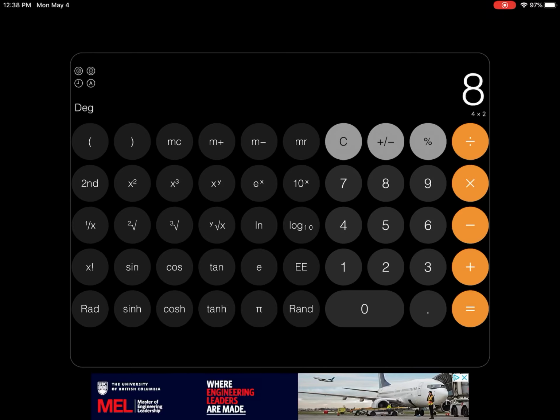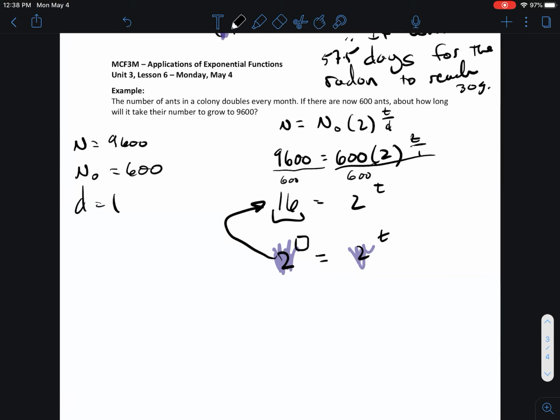So let's just take a look here. How many times do I have to multiply 2 by itself in order to get 16 is the question. 2 times 2 is 4, times 2 is 8, times 2 is 16. So it's 4 times. So 2 to the power of 4 is equal to 16. Now that the bases match, with the proper exponent, you can make the exponents equal. So 4 is equal to t. That is your final answer. There's no more solving.